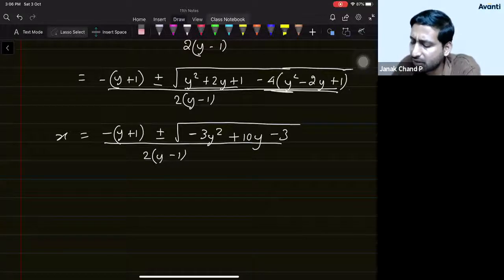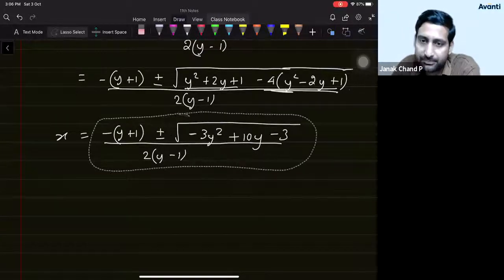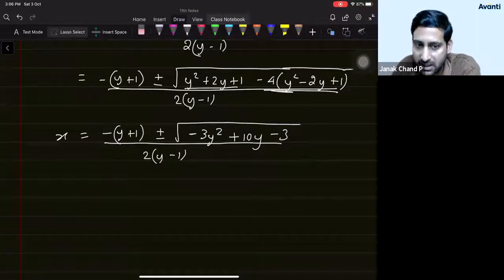Fine. So now student, that means what? If this was not there, answer is real number minus 1. But now when this is coming student, we need to make sure that this whole thing is a real number. This whole thing will be a real number if and only if this quantity is non-negative, right?